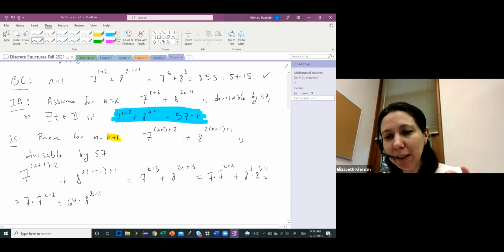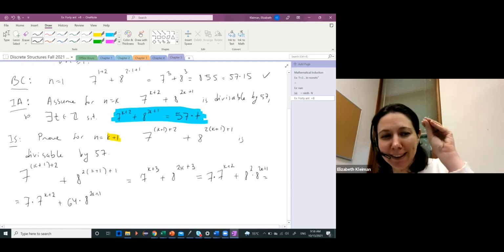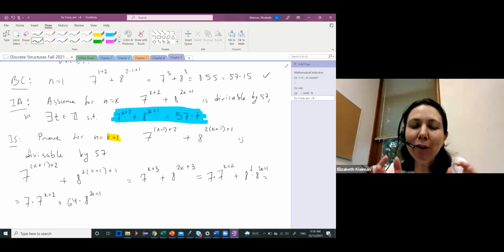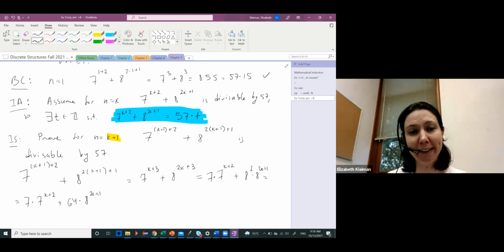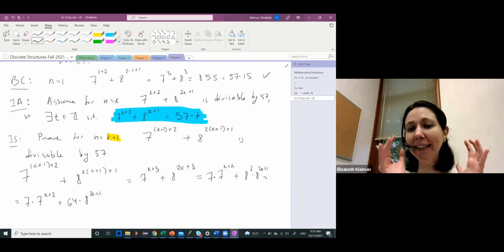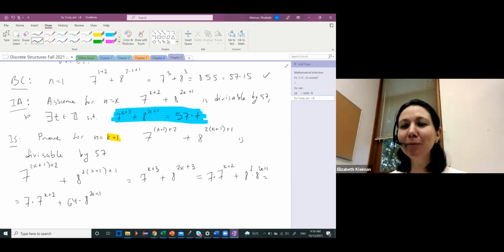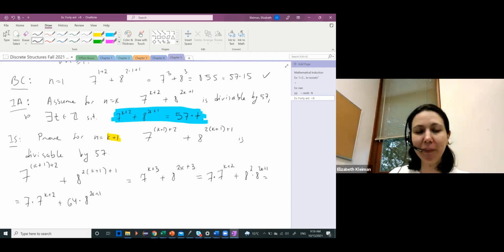Because I have too many 7s to the 7 to the power k plus 2, correct? So I somehow need to have in the parentheses 7^(k+2) plus 8^(2k+1). They need to be like one body scrambled together, and I can multiply something by it, but I really cannot have just addition and extra numbers in it.